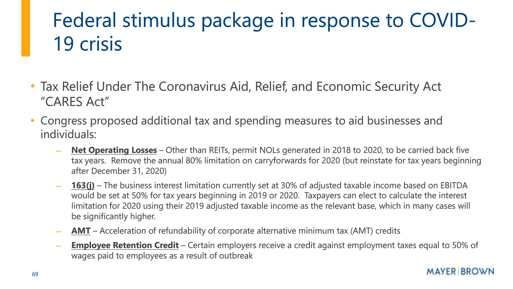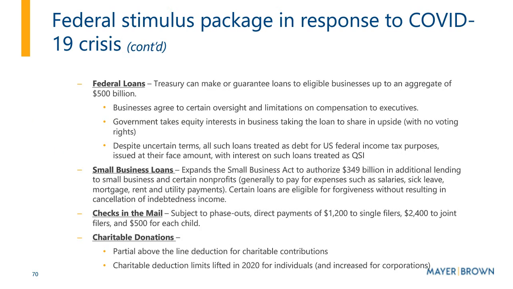Then federal loans. Treasury can make loans to eligible businesses, with a total earmarked of $500 billion. The businesses have to agree to oversight and limitations on executive compensation, and the government typically would take an equity interest in the business so they can share in the upside.